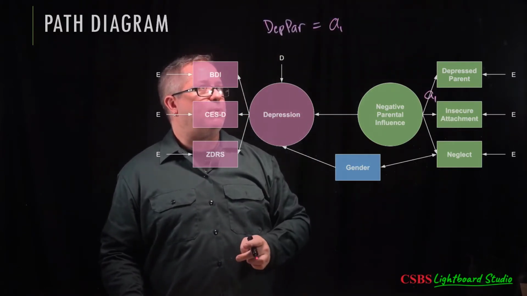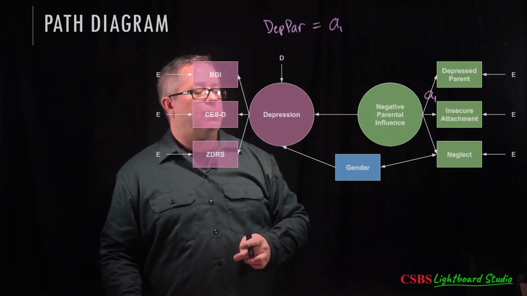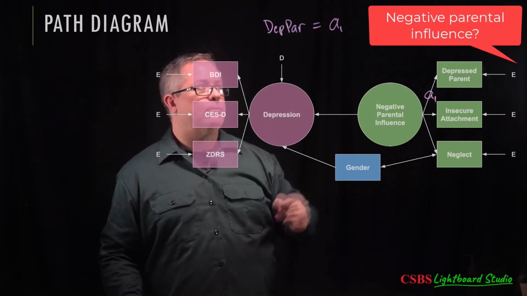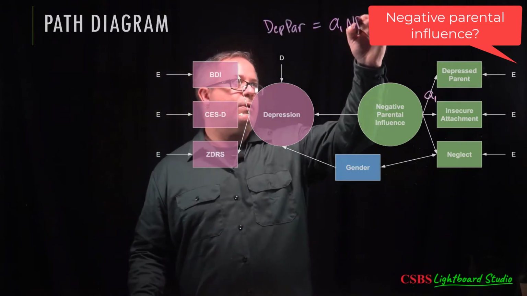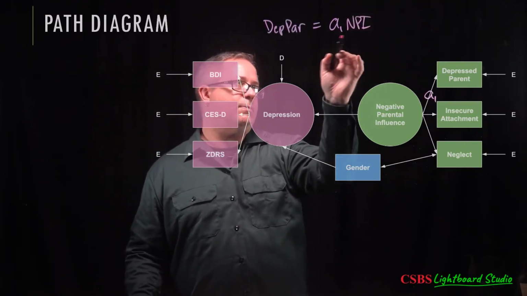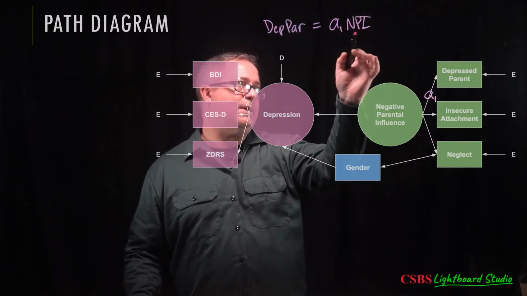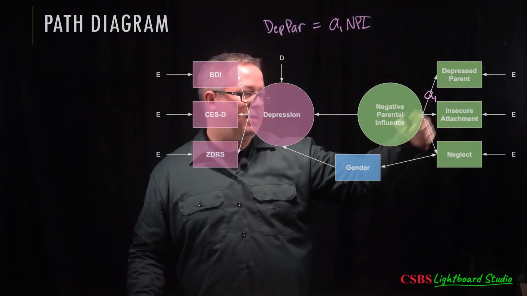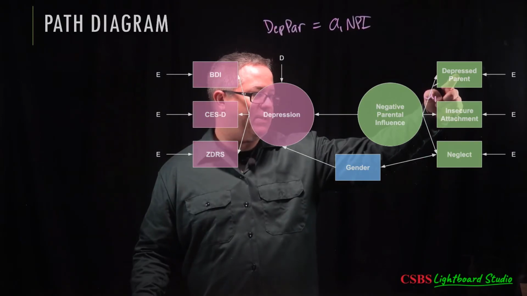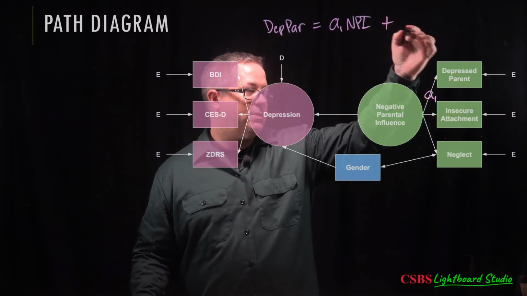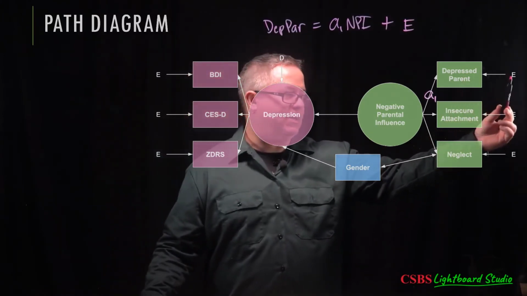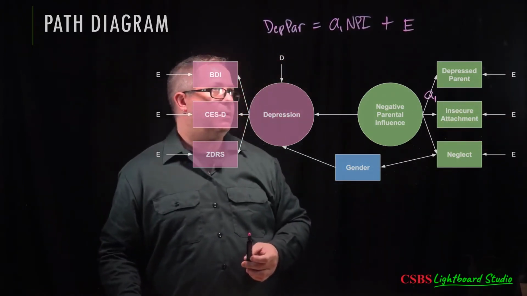What's predicting depressed parent? Negative parental influence. So I'm taking something times negative parental influence, this times this, equals depressed parent plus my E, plus this thing predicting it too.